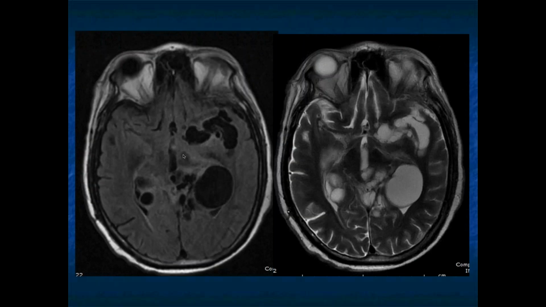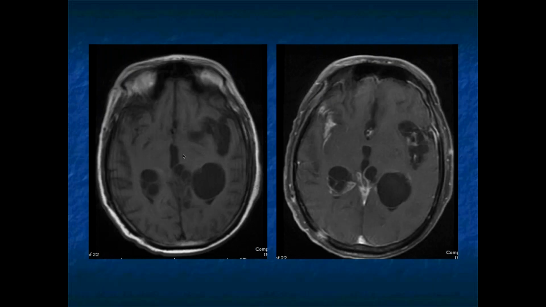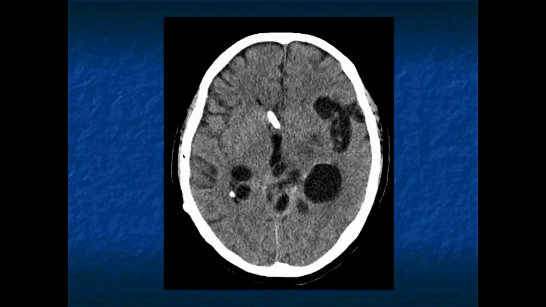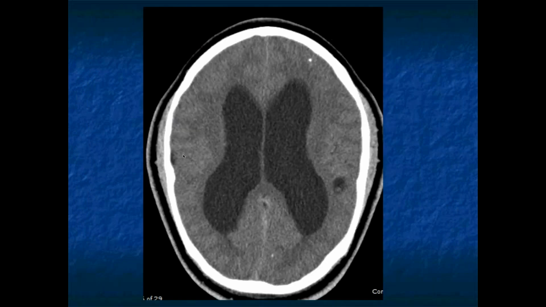And yeah, there are multiple T2 hyperintense lesions, either in the ventricles or in the edema. Probably both. Yeah, multiple. They look cystic. Hydrocephalus. Right. So the obstruction.